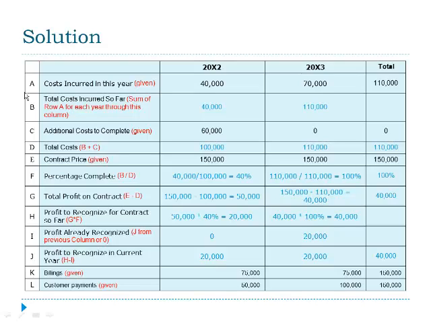The contract price is given. In F, the percentage complete is the amount of costs so far divided by the total estimated costs, which is 40%. And in this year, 2002, we expect that the gross profit is going to be $50,000. So the profit to recognize is the $50,000 times the percentage complete, or $20,000.